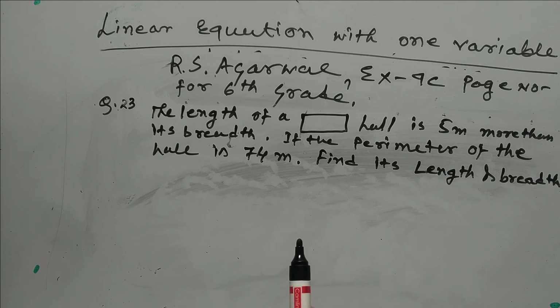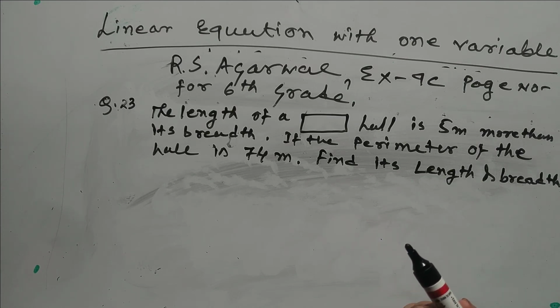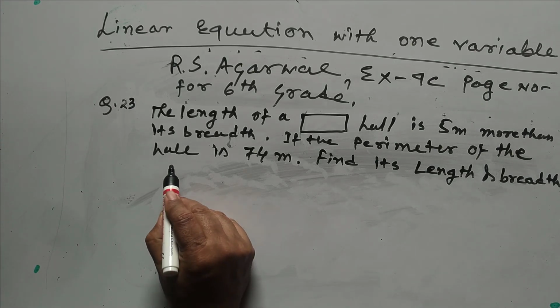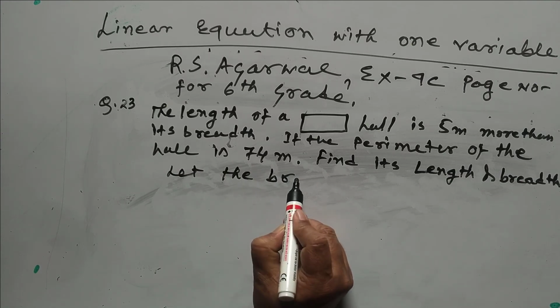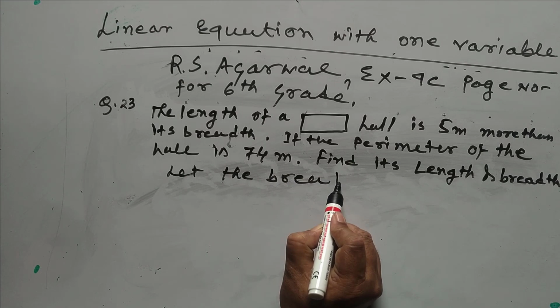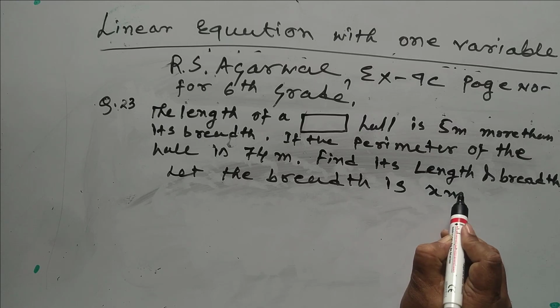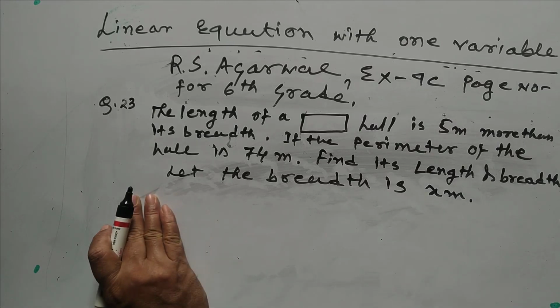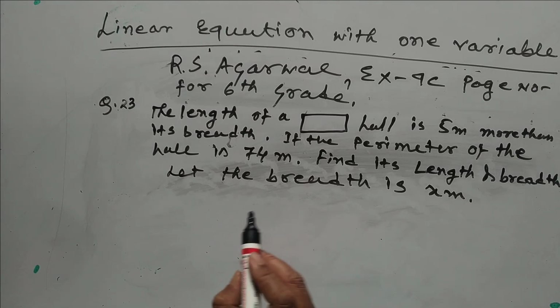If the breadth is known, then the length will be 5 meter greater than the breadth. So let the breadth be x meter. According to the question, the perimeter is 74 meter.